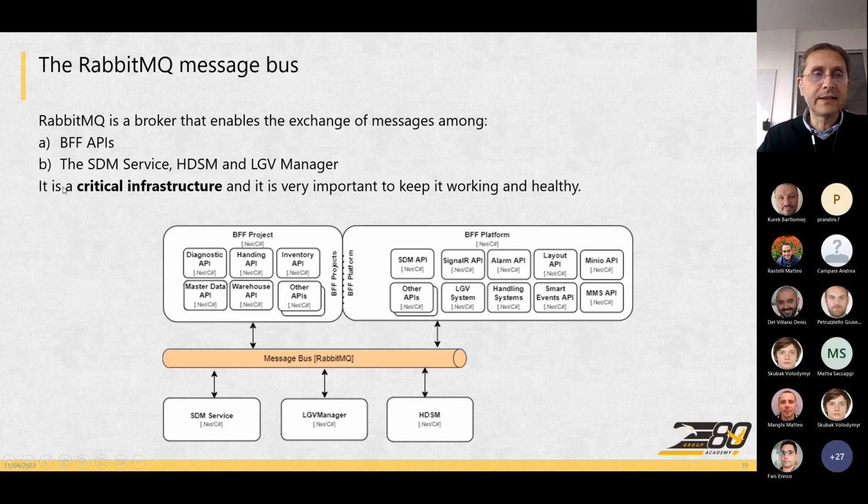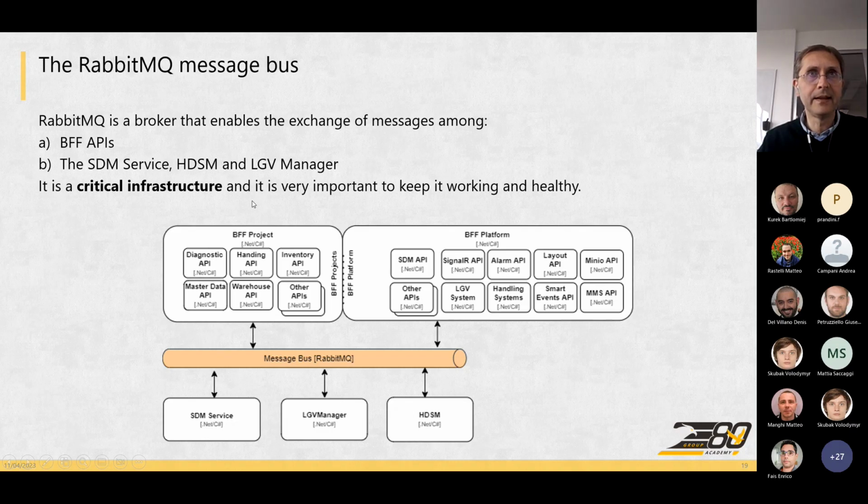Okay, the fact I would like to stress here is that RabbitMQ is a critical infrastructure. It's a critical infrastructure because it will allow, for example, SDM to talk with LGV Manager. If it goes down, if it doesn't work, SDM and LGV Manager will not be able to communicate, or the APIs will not be able to communicate together, and so on.